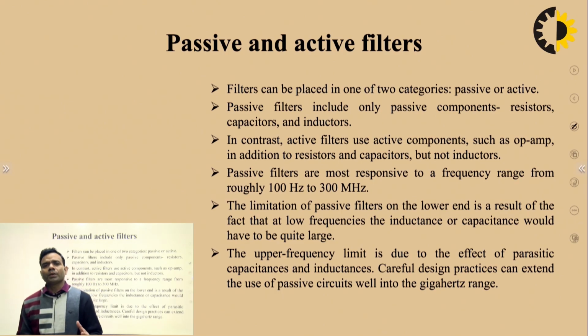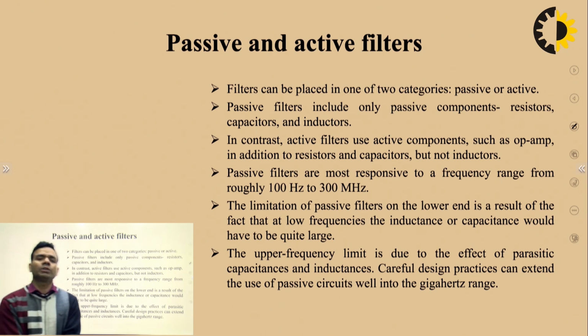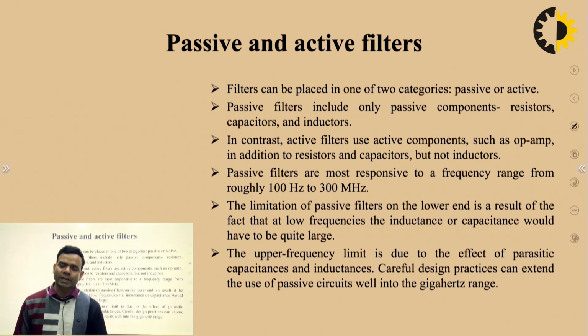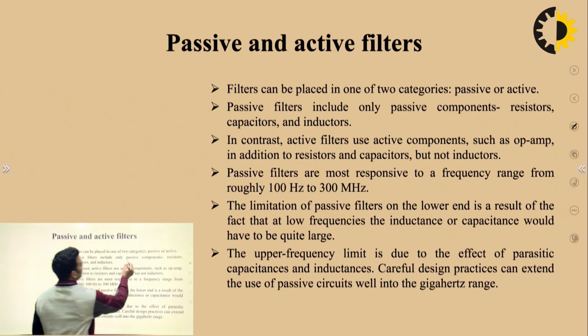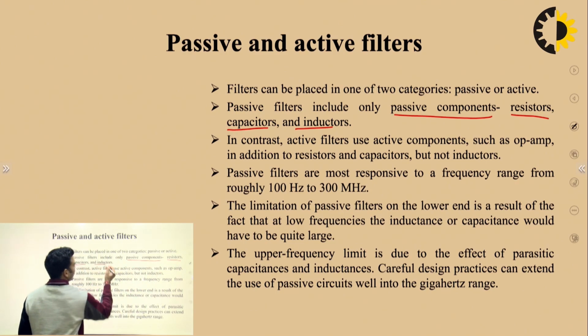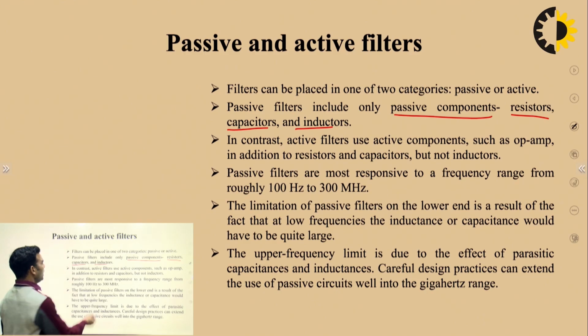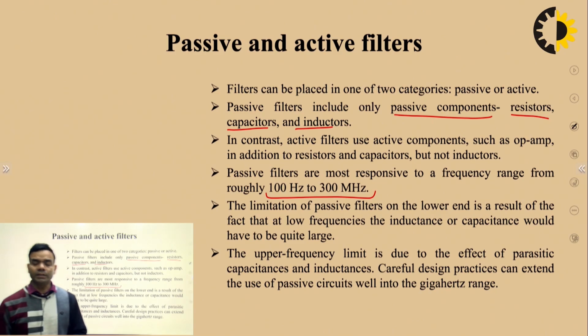Generally, if sufficient signal strength is there, then we need not enhance the signal strength, and for that purpose we can use passive filters. Passive filters use passive components only, like resistor, capacitor and inductor, and they are generally useful for 100 hertz to 300 hertz.